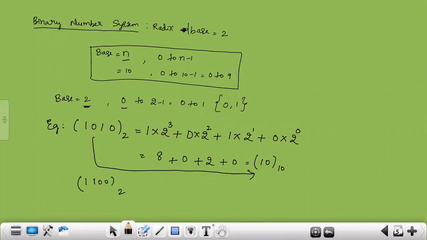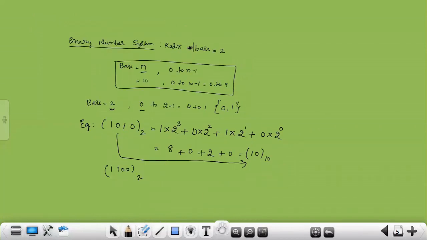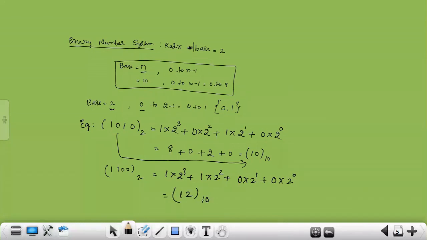If I take 1 1 0 0, 12 will come. I'll be getting 1 into 2 cube plus 1 into 2 square plus 0 into 2 power 1 plus 0 into 2 power 0. So I'll be getting it as 12 with base 10.